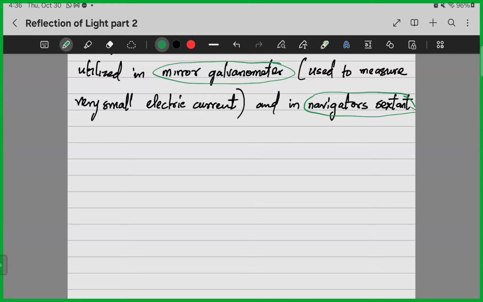Let's see if we can walk through an example. Yeah, let's pick this example.